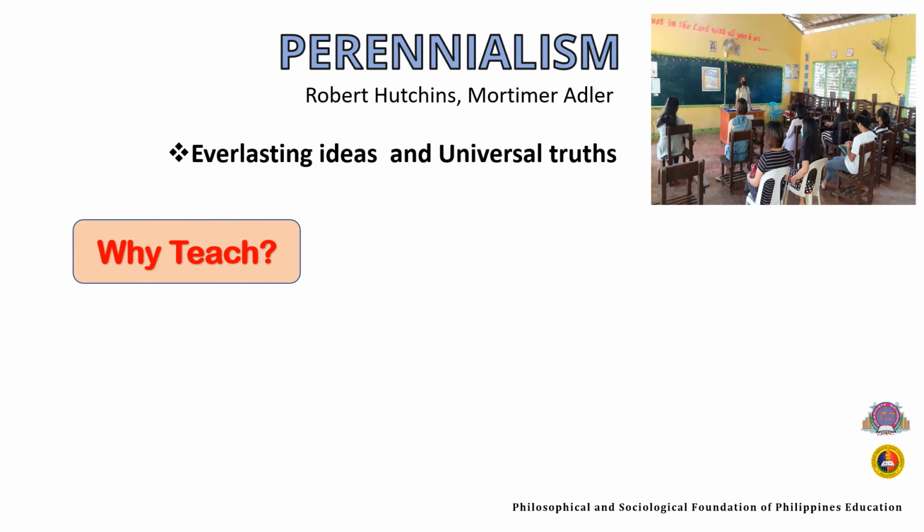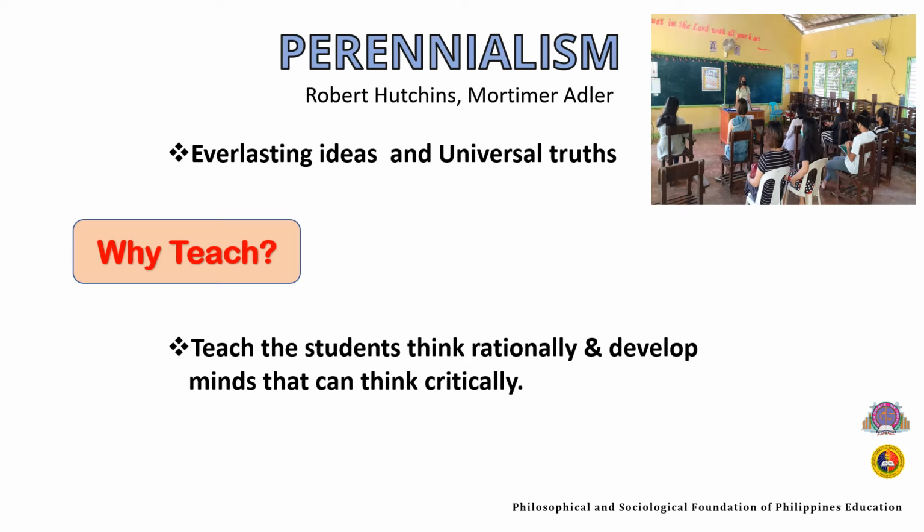The goal of the perennialist teacher is to teach the students to think rationally and develop minds that can think critically. According to Aristotle, if we neglect the students' reasoning skills, we deprive them of the ability to use their higher faculties to control their passions and appetites.